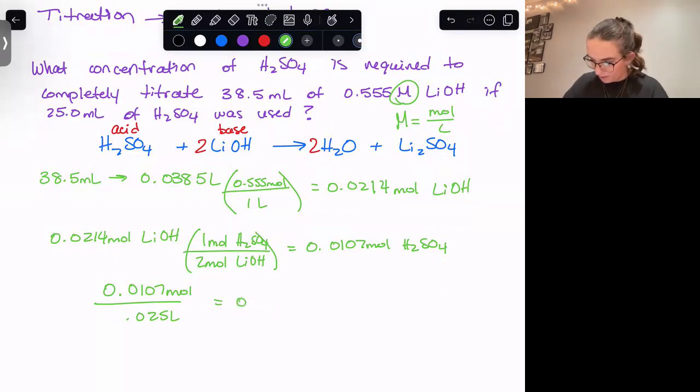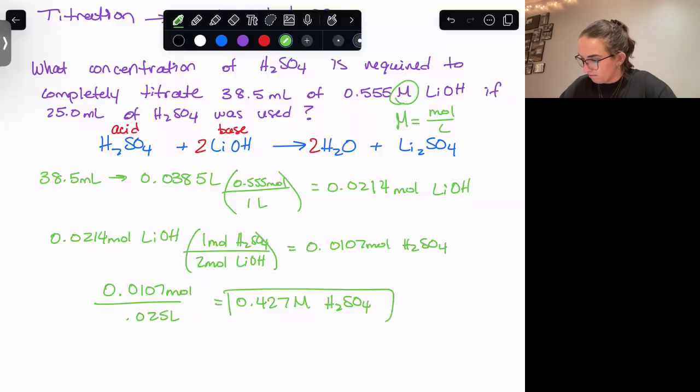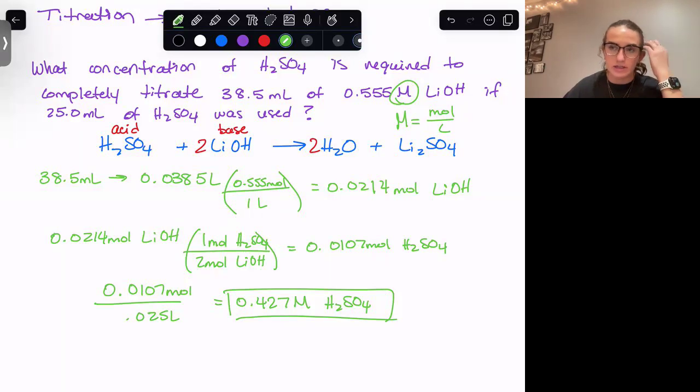And I get about 0.427 molar H2SO4. Okay, any questions on titrations?